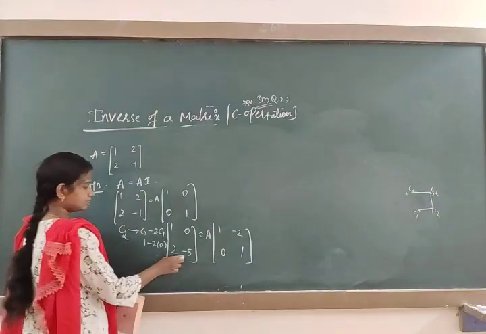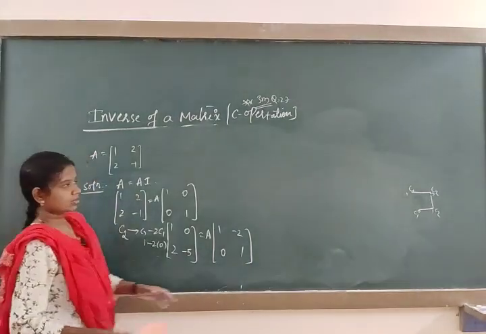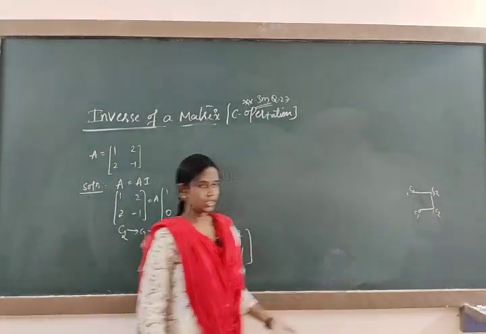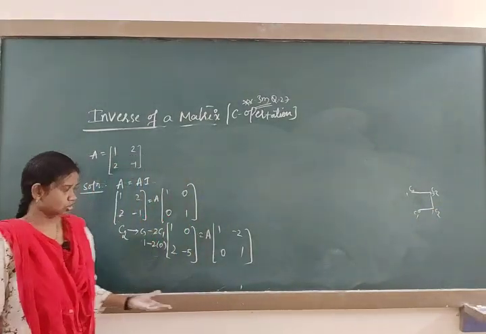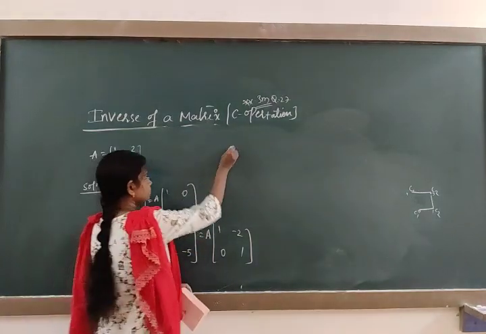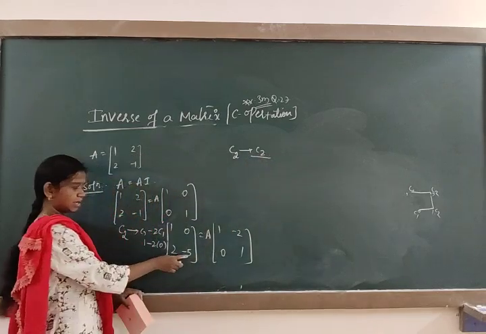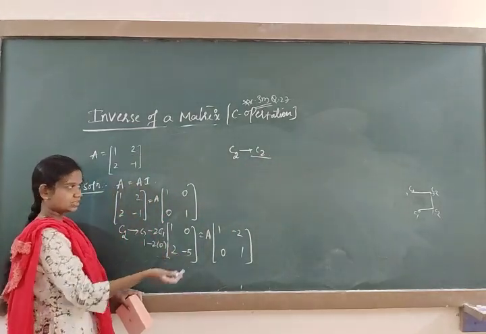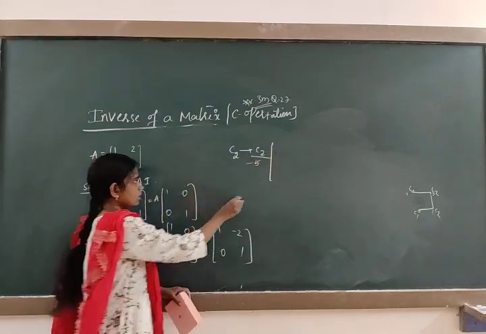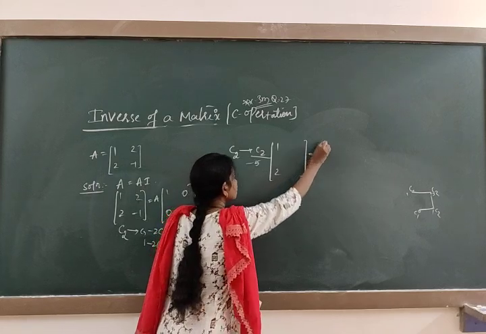Now take this one, C2, because according to the figure it should be 1 0 1 0, it is C2. We are checking whether the inverse exists or not. I think the inverse will exist for this problem. C2 changes as C2 divided by minus 5, because the C1 transformation is not changed here.